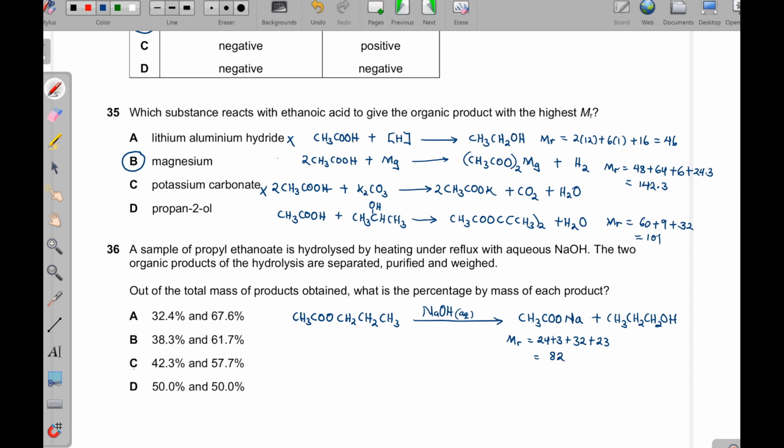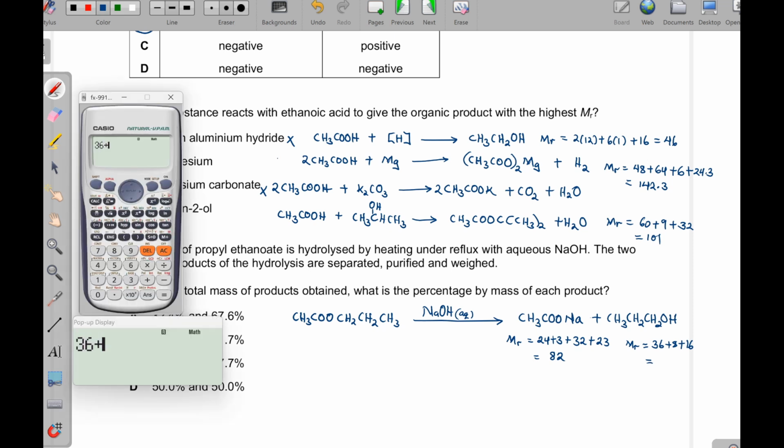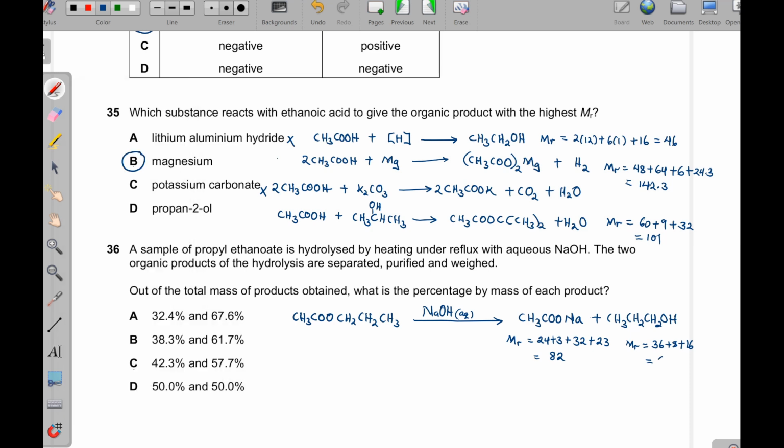Then the MR for this one here is going to be how many carbons? 1, 2, 3. That is 3 times 12, which is 36, then plus hydrogens, these are 3, then 5, and then 8. So we shall have 8 here, then plus the oxygen, 16 here. So we shall have 36 plus 8 plus 16, that is 60.